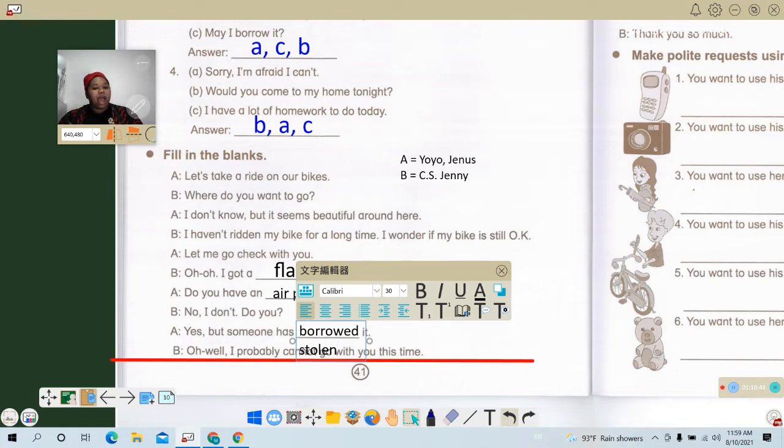Lend it. But it's already borrowed. We can't have borrowed and lend interchangeable. Austin. Broken. Yes, someone also has broken it.